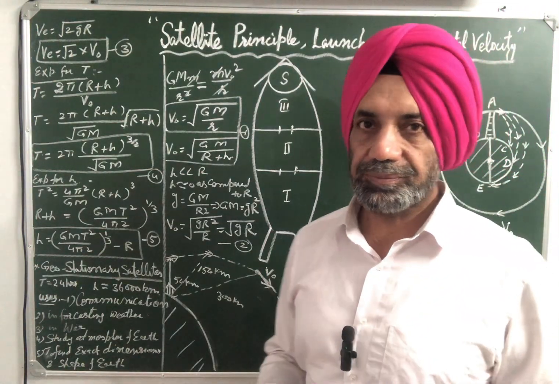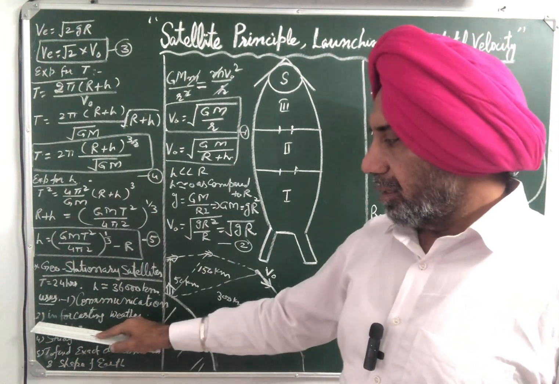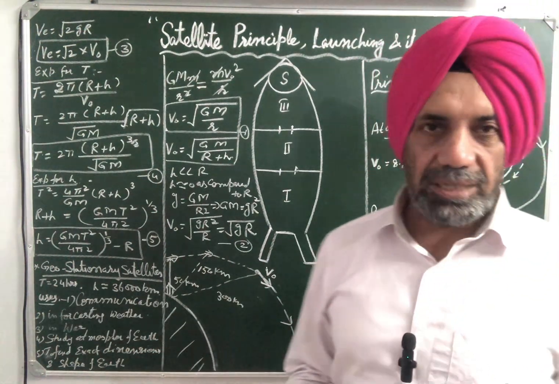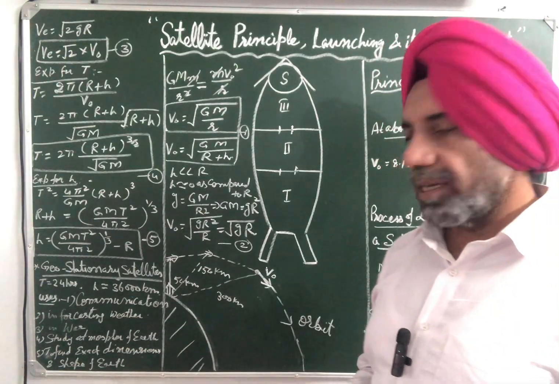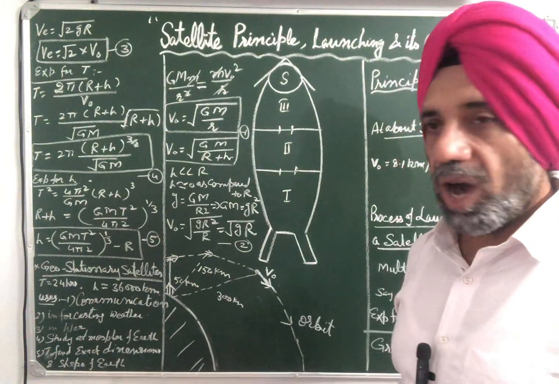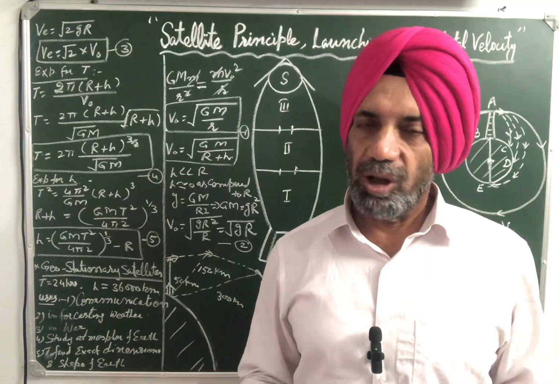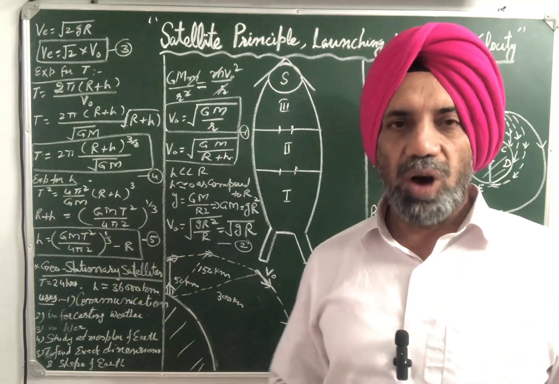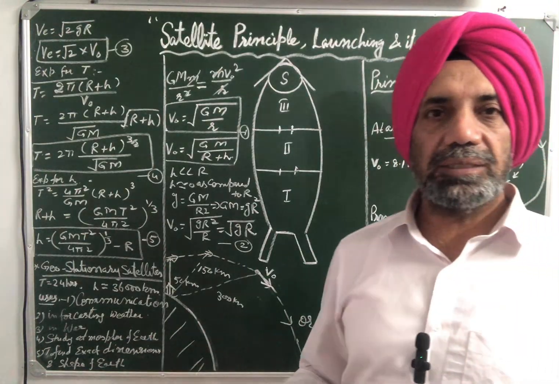We calculate it. Then they are also known as communication satellites. They are used for forecasting weather. They are used in war. Nowadays we all know satellites are used in war. They are used to study the atmosphere of Earth.